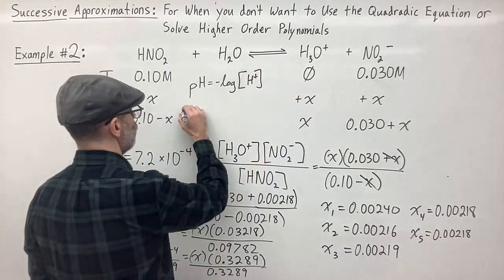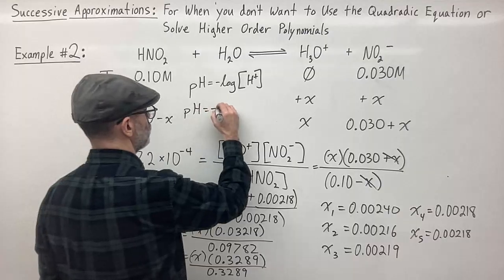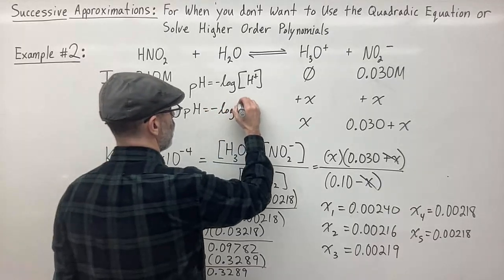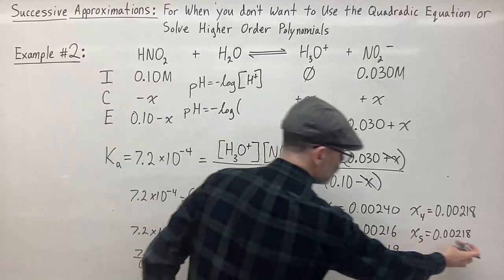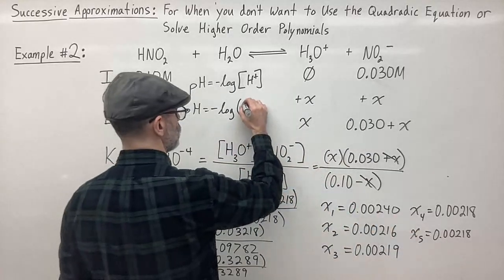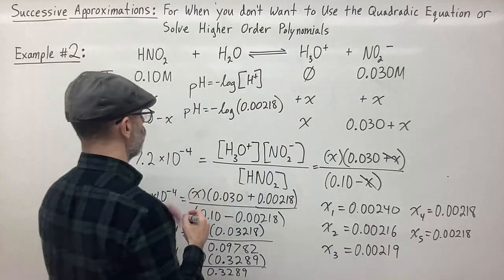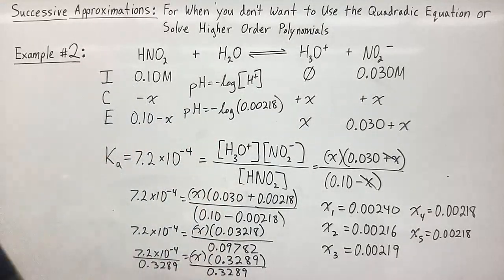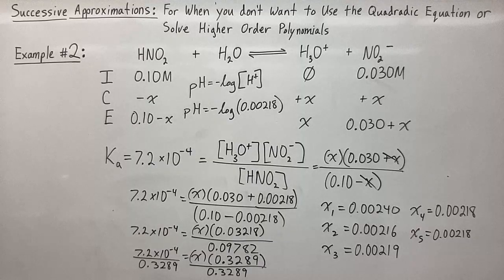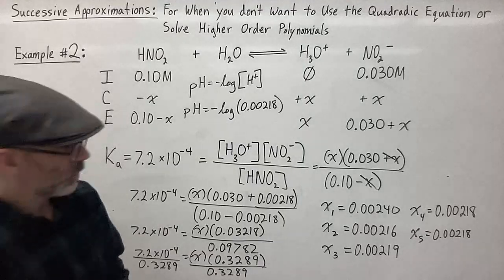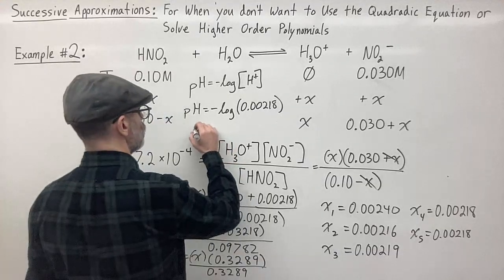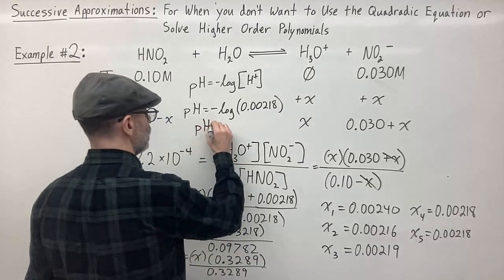So when you figure that out, pH is going to be equal to negative log of 0.00218. And so when you calculate that, you get 2.66.